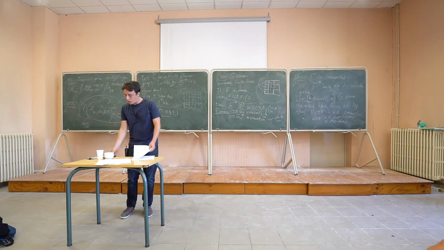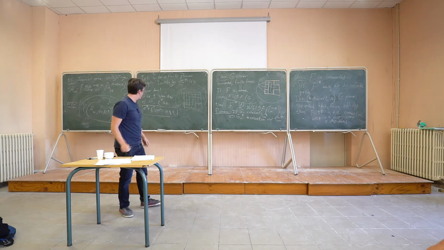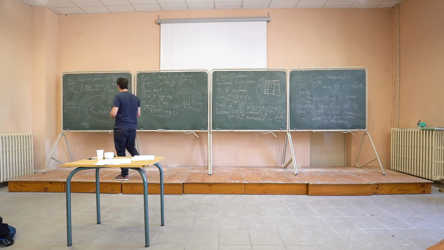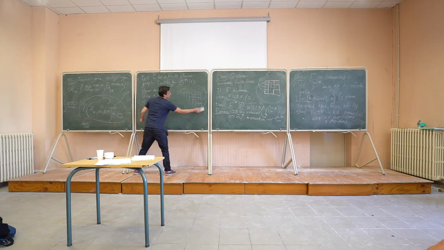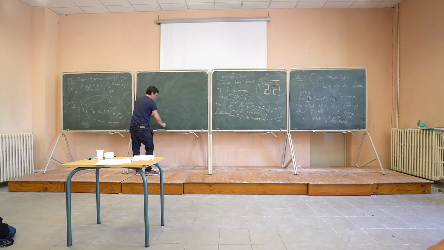So now we're going to apply the circle packing theorem, because what else can we do when we have a planar graph? This is the heart of the proof right now.